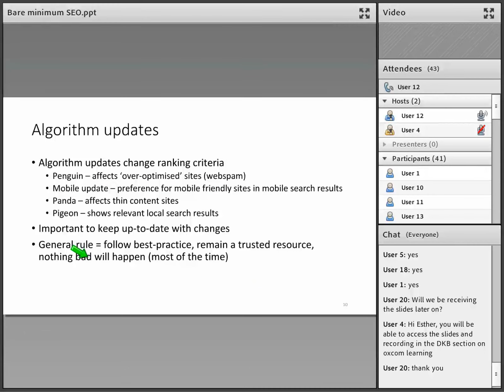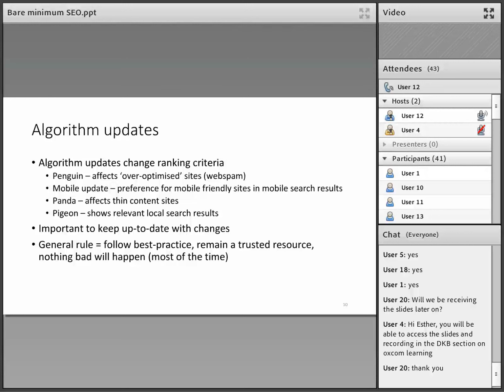So very briefly, something you should be aware of is that over time Google makes updates to its algorithms. The algorithms are the ways in which Google determines whether a site can be trusted, how it should be ranked, and how it should be categorized.